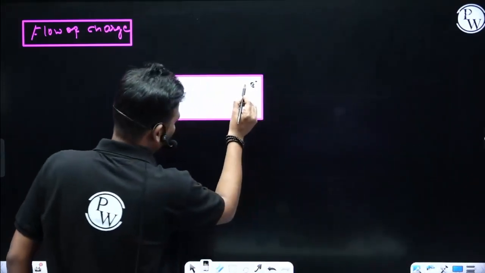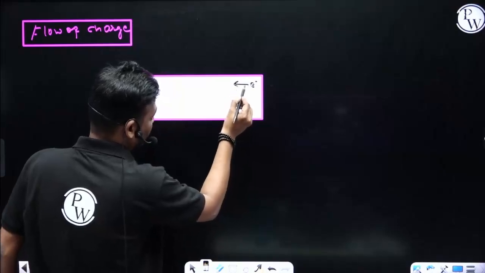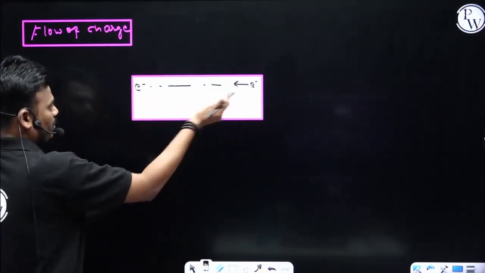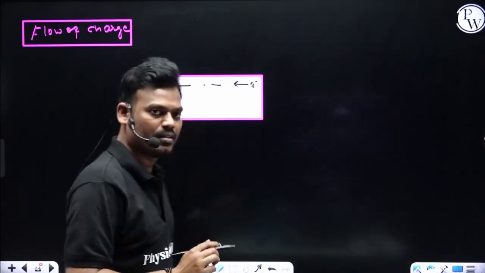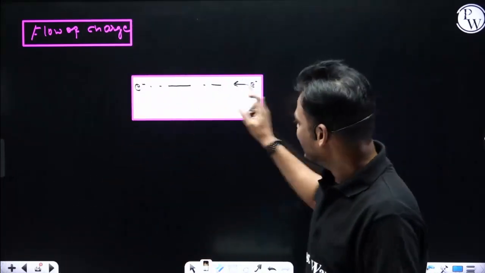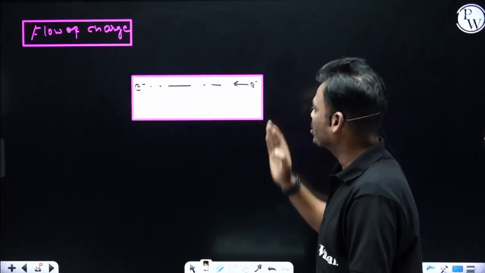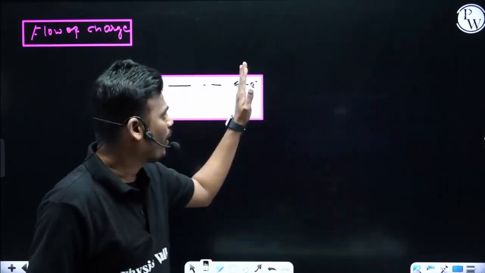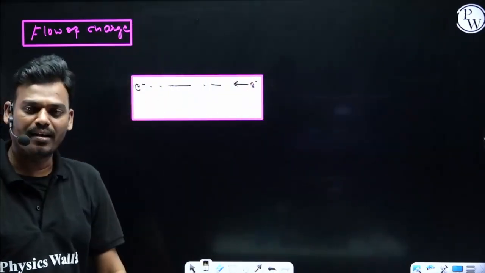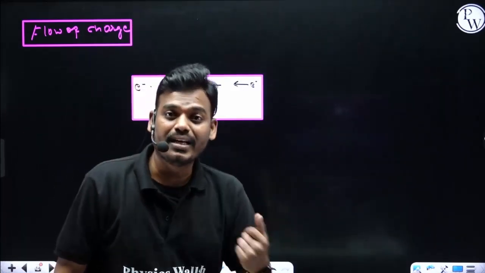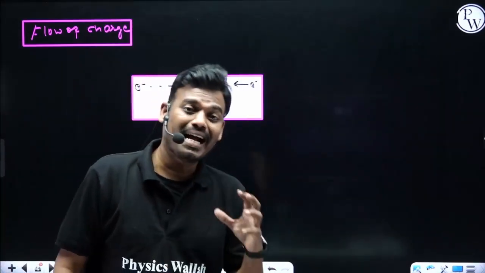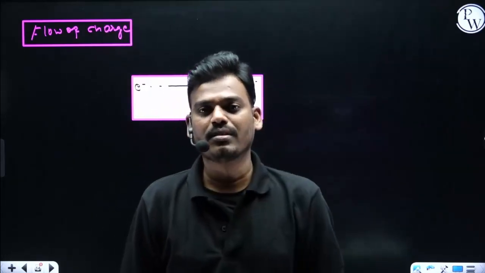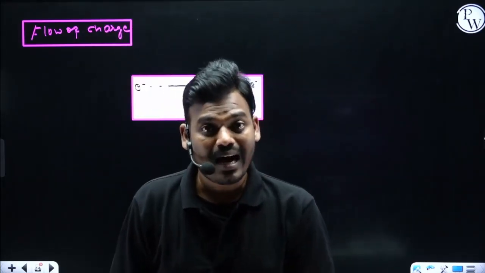If I apply a force on this, then this particle will start moving towards the second end. So these electrons will require an external agent to move from one end to another end. What is that external agent? I'll say that is the potential difference. Directly you will not understand, so I'll give some examples.